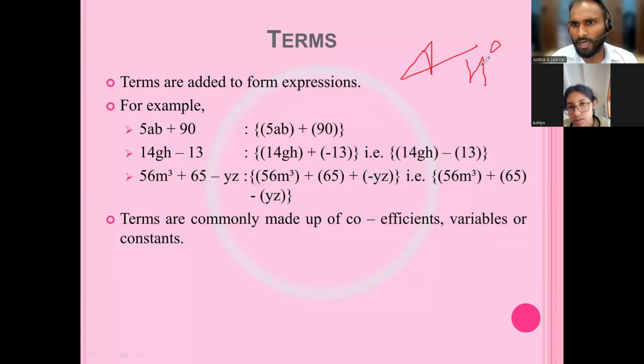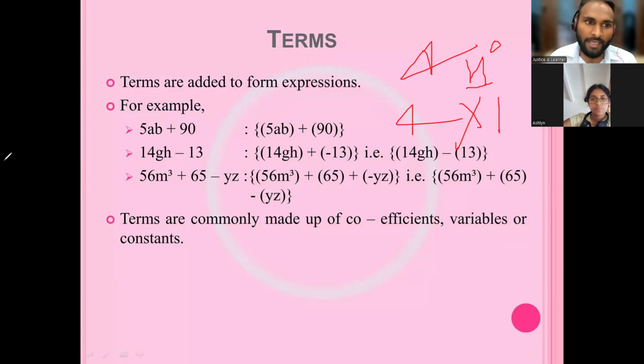Do you know the power of any number when it is 0, what is the value? One. Yes. So I can say 4 into 1 is equal to 4. So here I have used x to the power 0. The degree is simply 0. So how come it can't be an algebraic expression? We have to understand this.